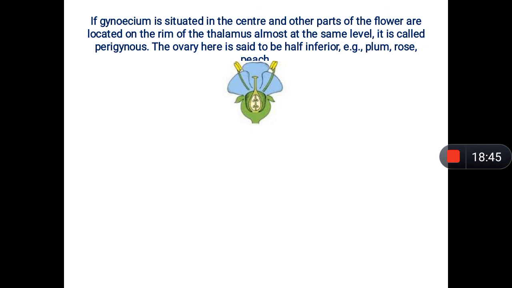That means the ovary is not above all the whorl members, nor below them, but is situated in the middle position of the thalamus, where all the other members like calyx, corolla, and androecium are arranged in a peripheral manner. Then the flower is called perigynous, and the ovary is said to be half inferior. In case of the hypogynous flower, the ovary is said to be superior.